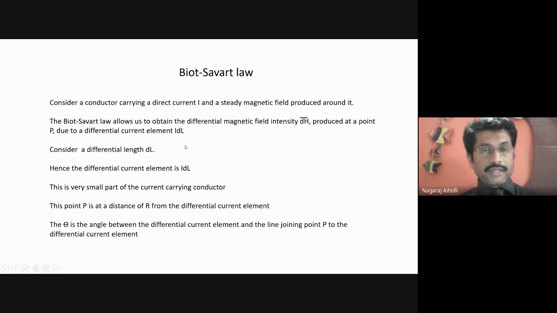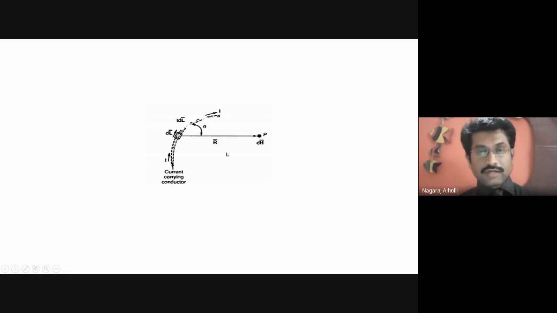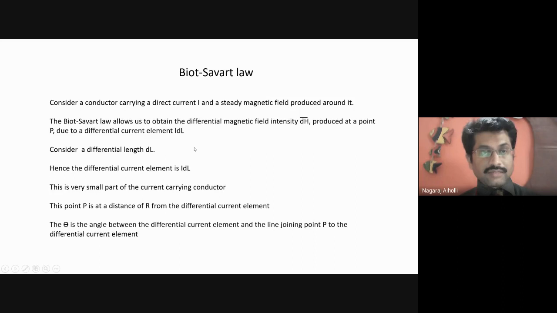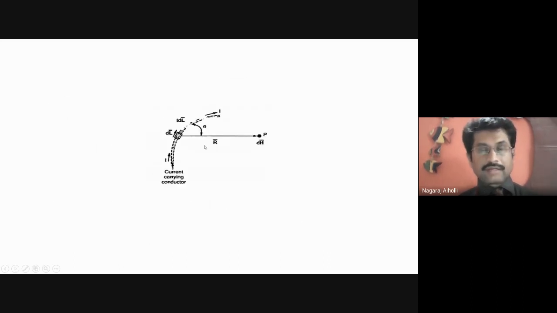The point P is at a distance of R from the differential current element. Then what is theta? Theta is the angle between the differential current element and the line joining point P to the differential current element.